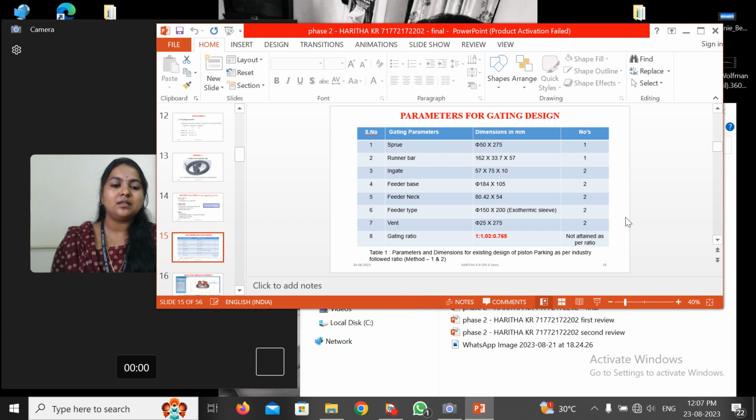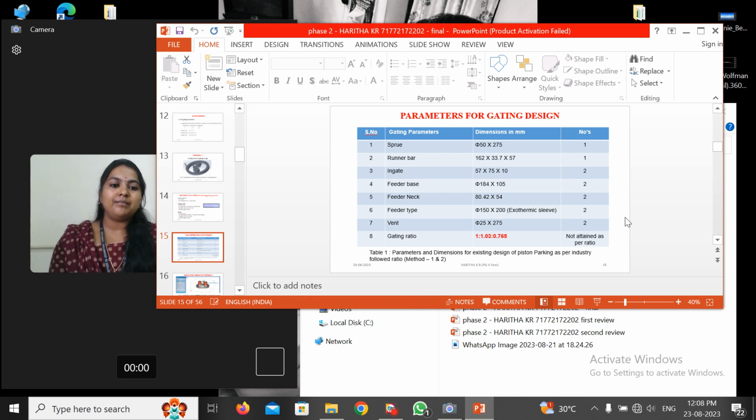The feeder type is an exothermic sleeve, which will be used because it will liberate heat up to the specific heat requirement.